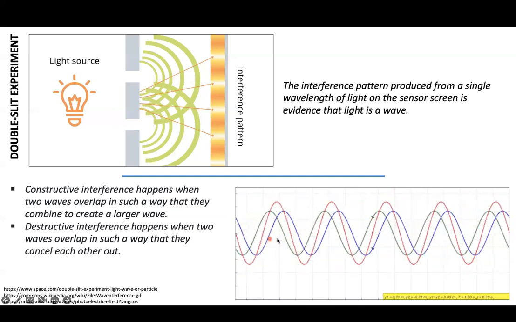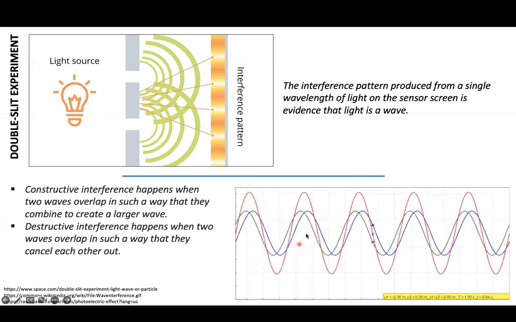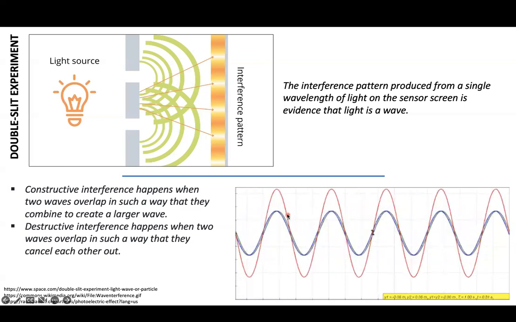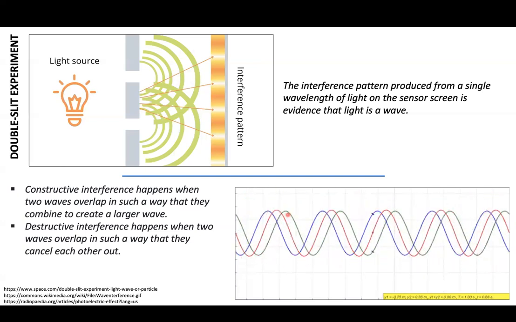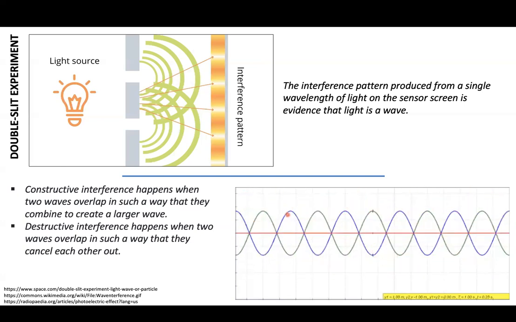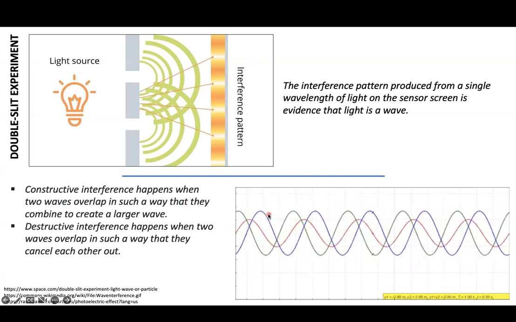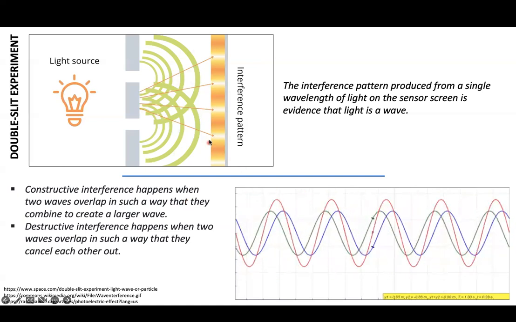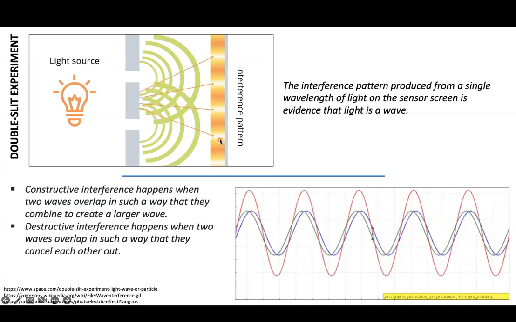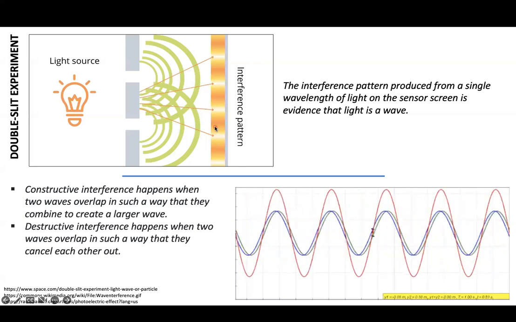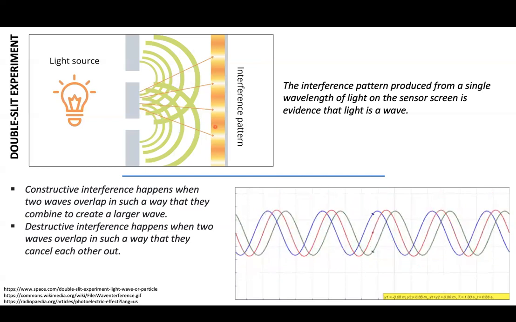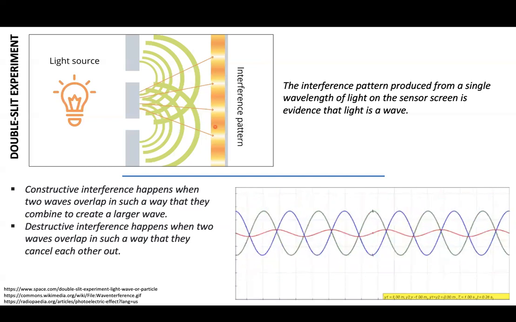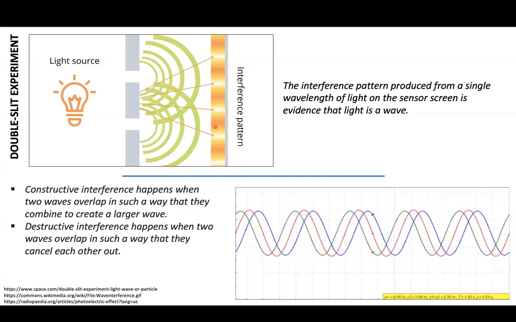So this red line will be a straight line because the blue wavelength and the green wavelength cancel each other, and it will be destructive interference. So constructive interference will have higher amplitude, and then we will see the bright color. And with destructive interference, we will see the dark color because they cancel each other. So this is how we explain the wave nature of light.